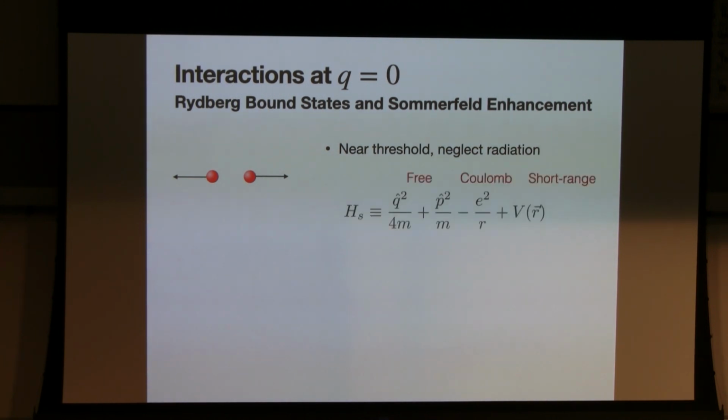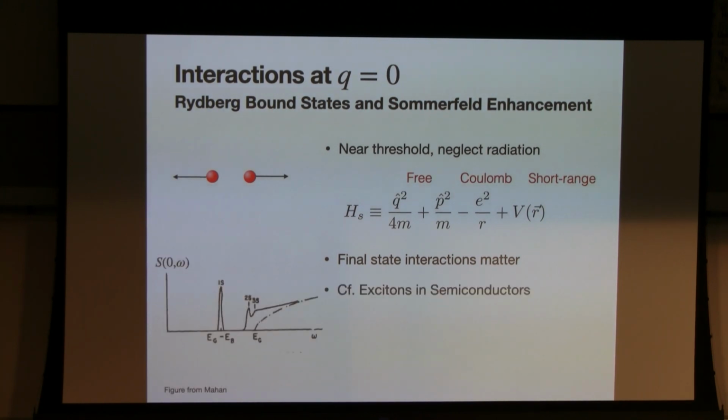And you can treat the problem as essentially a Hamiltonian problem of two particles, which have a Coulomb interaction and some short-range UV physics. And the point is that those final state interactions at long distance matter. The e squared over r part matters. I could explain why there's some universal physics, but really it's not so important. They matter. And they lead to various effects.